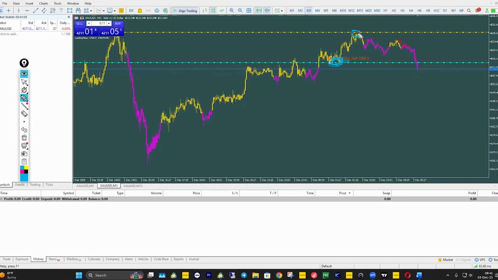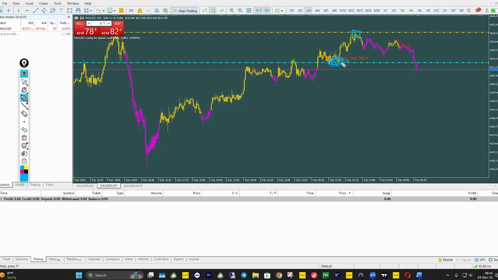Now, if this line indicates the higher highs and the lower highs, and this line indicates the lower lows and the higher lows, let me make it simple for you to understand. What rings in your mind when the market breaks your lower low? When the market breaks your lower low, it tells you it is a sell continuation.